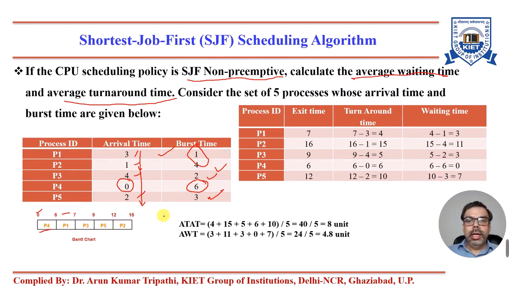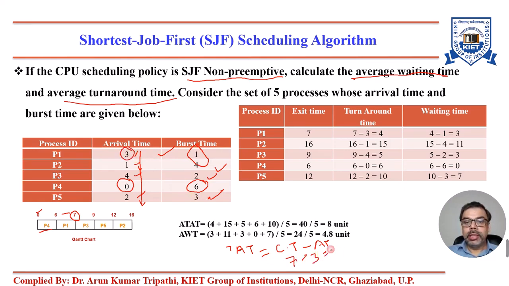Now I am calculating the average turnaround time and average waiting time. As we know, turnaround time is equal to completion time or exit time minus arrival time. So for the process P1, the completion time is 7 and its arrival time is 3.